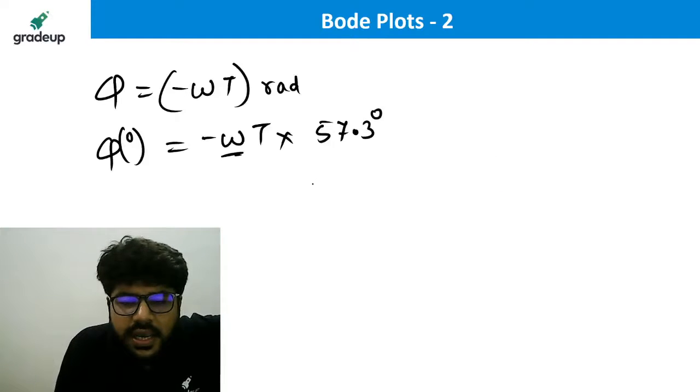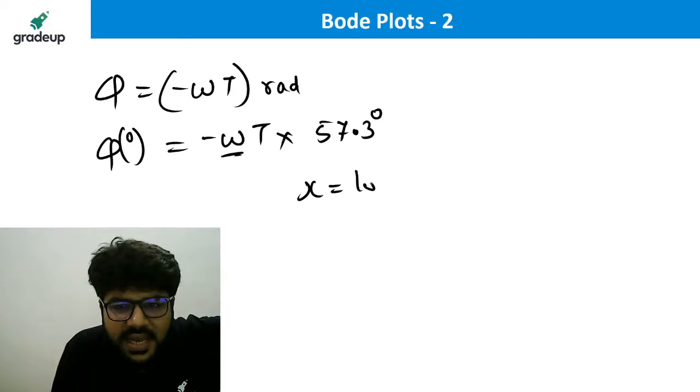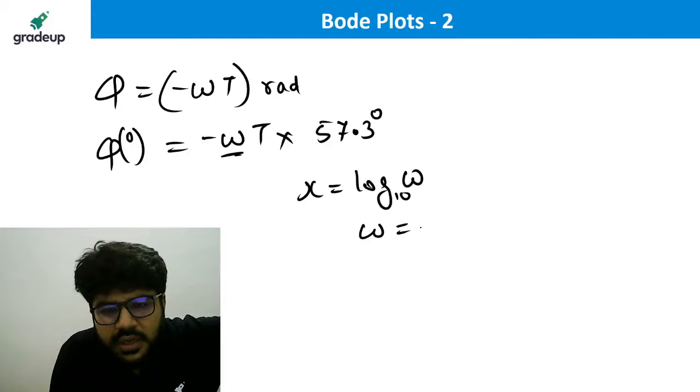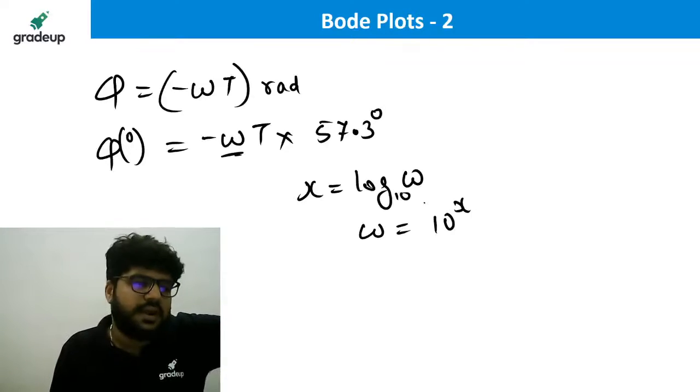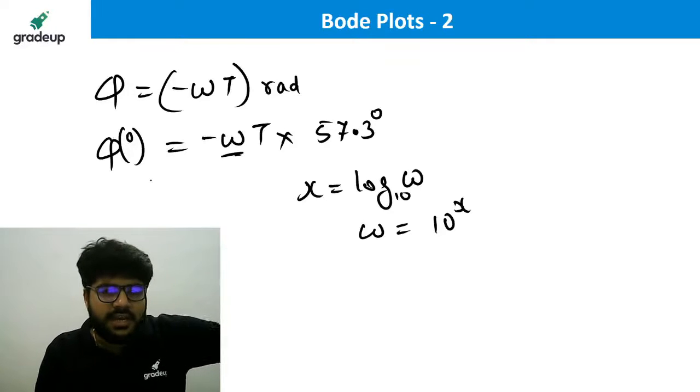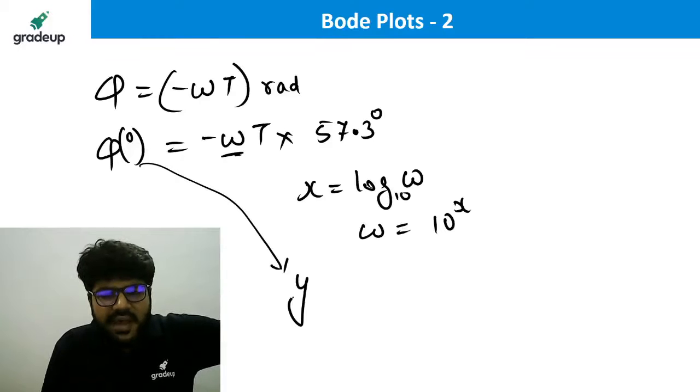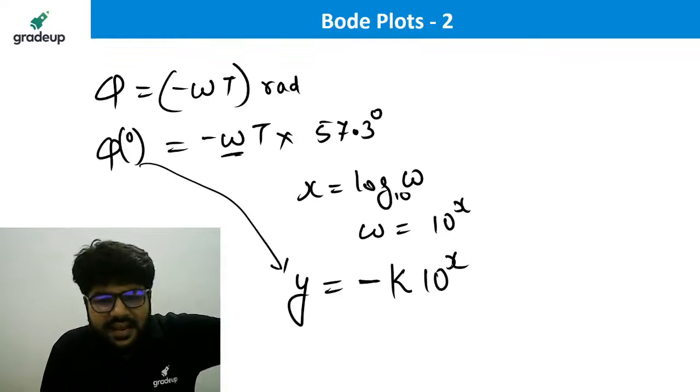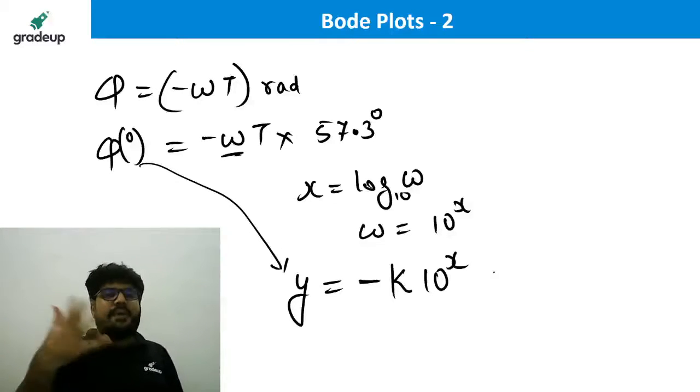So in the Bode plot, the x-axis actually is log omega. So what is omega actually? Omega is 10 raised to the power x. Yes, it is going to be exponential actually. See, phase on the y-axis, y is equal to minus omega into some constant. Let that constant be k. K times 10 raised to the power x, like e power x.